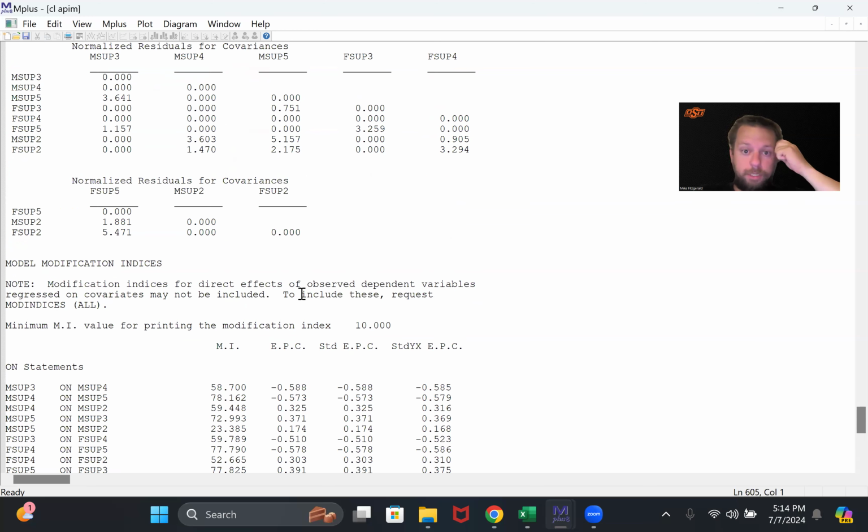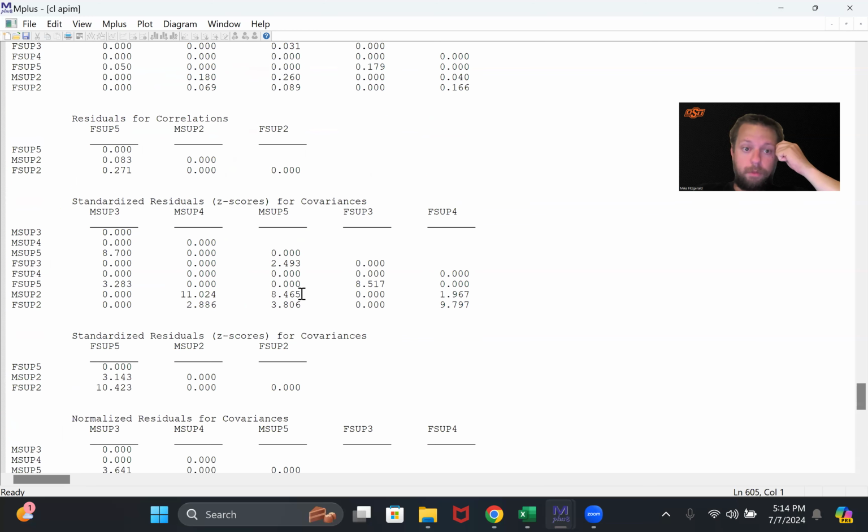And we'll go up into the residual, the local fit, the residual matrix, just to see what it's telling us. And it's probably going to tell us the same story as those omnibus measures of CFI, TLI, and RMSEA. Oh boy, this is just sticking out like a sore thumb. So z-scores, the critical value is 1.96.